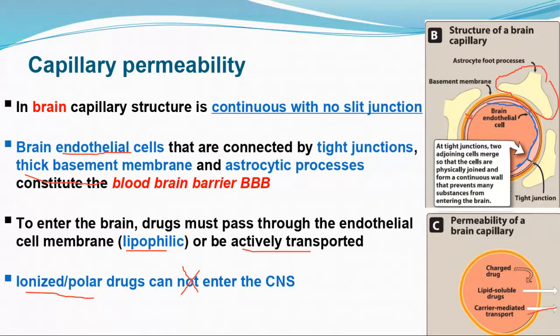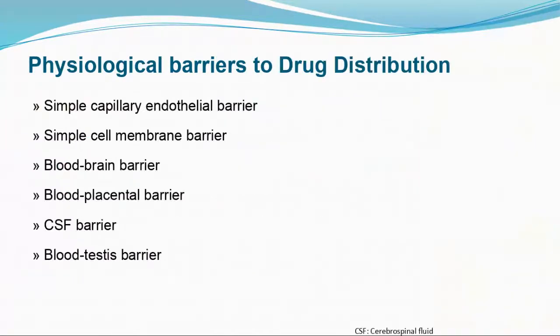They can, where there are some carriers for them, where there is an active transport mechanism for them, limited numbers where the brain needs these compounds and can be transported across the blood-brain barrier. تمام. طيب احنا اتكلمنا عن blood-brain barrier within the capillary permeability point.